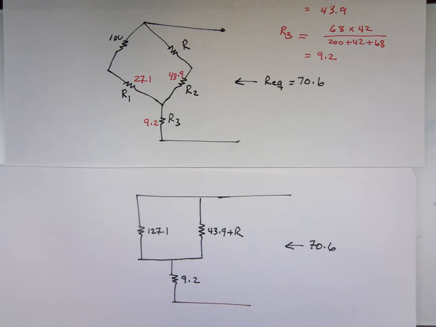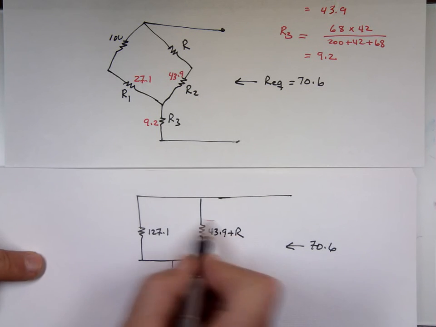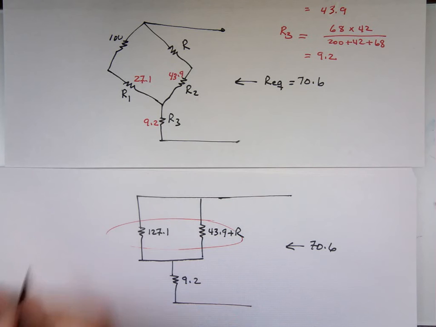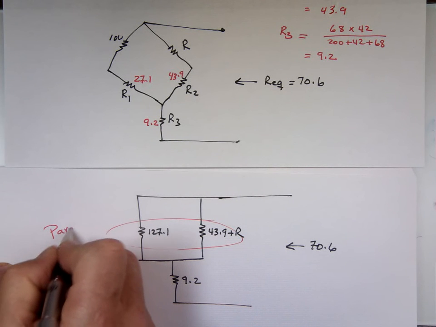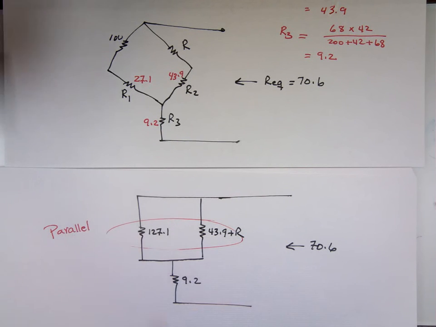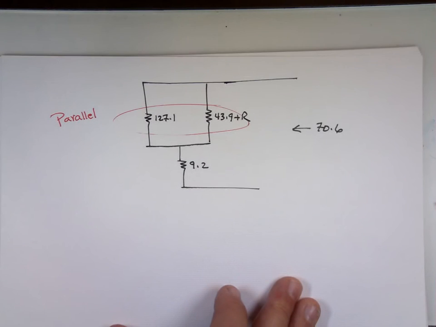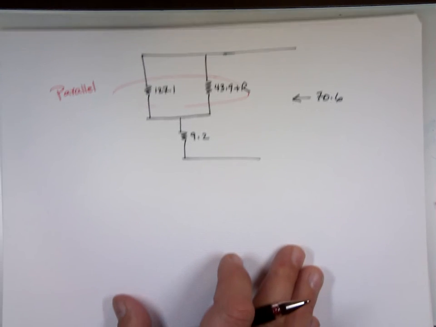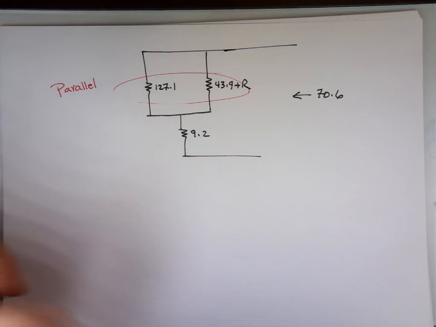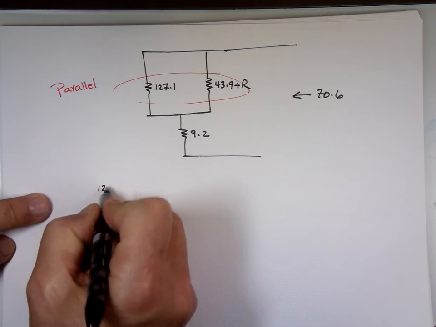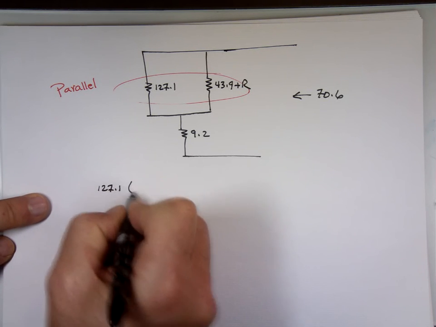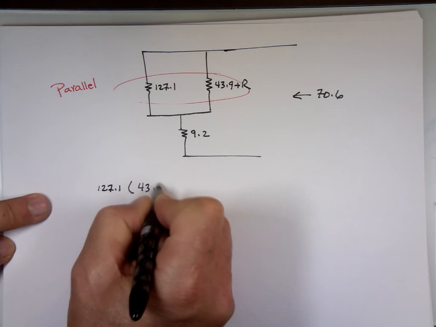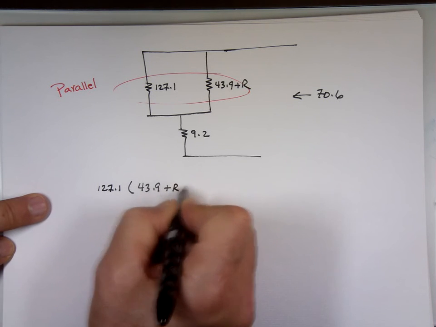Now, how are these two connected? Parallel. Product over the sum. So that'll be 127.1 times 43.9 plus R over the sum of them.